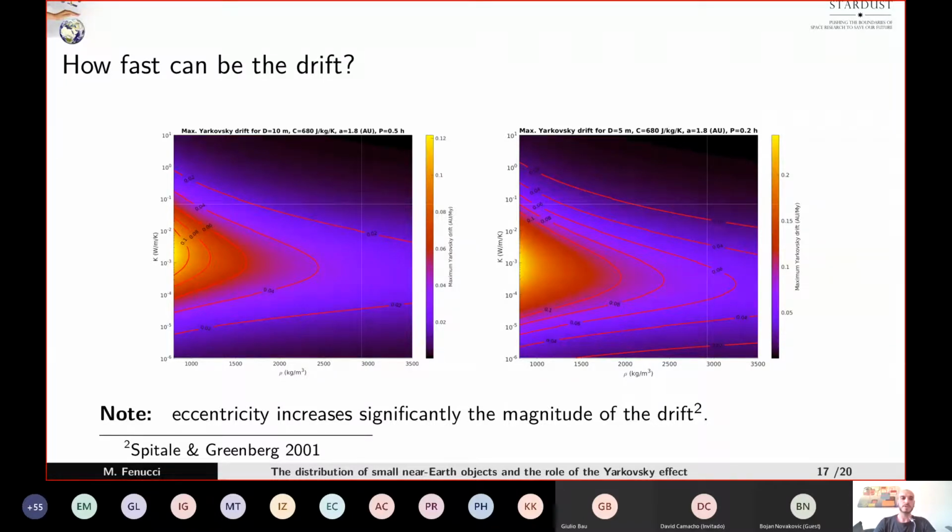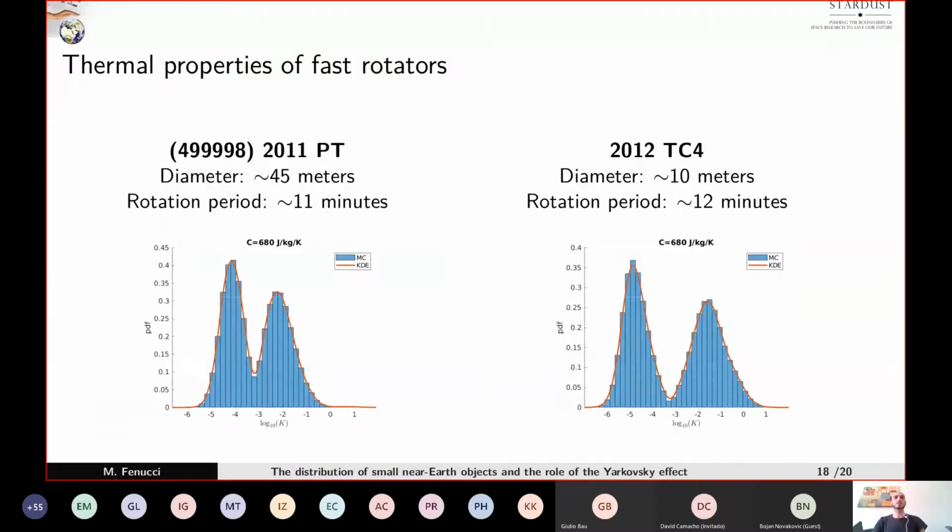So further, to understand if small asteroids can actually reach these small conductivities, we applied our model to two small asteroids, which are 2011 PT and 2012 TC4, which are two small and fast rotators. One is about 45 meters in diameter and the other one is 10 meters in diameter. And they rotate with an 11 minute period.